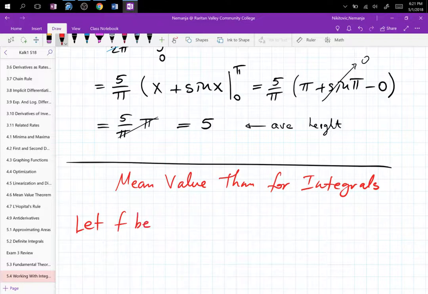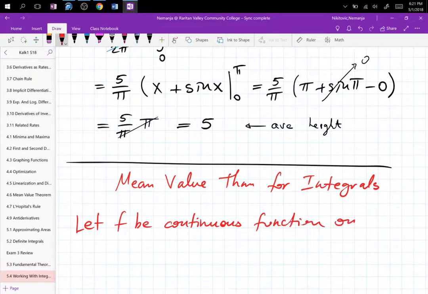Let f be a continuous function on interval a to b.